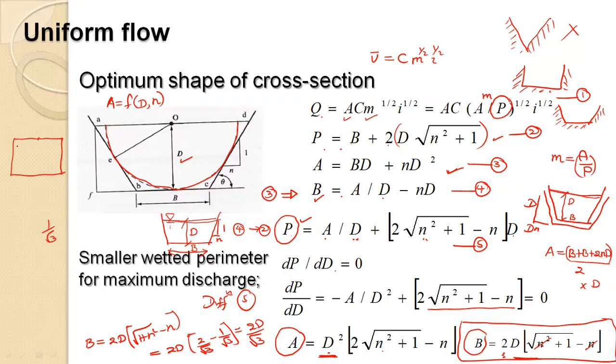If you take it, it's the circle that we are looking at. So this is the same circle. So this is the breadth and this is the diameter, and then diameter will be equal to the water depth, and this is also D and this is also D. So that means B equals D. Okay, right? So if it is a rectangular cross section, then it has to be the breadth equals 2 times the water depth, right?